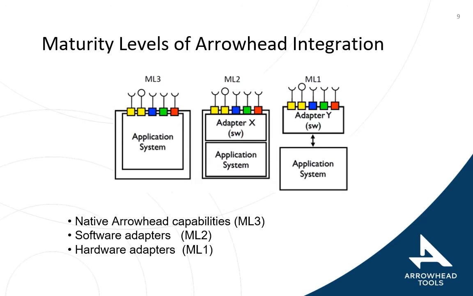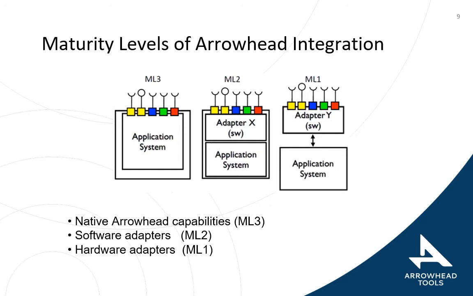Maturity levels of Arrowhead are defined for integrability reasons. The highest level of maturity is maturity level 3, where the native Arrowhead systems can be found.